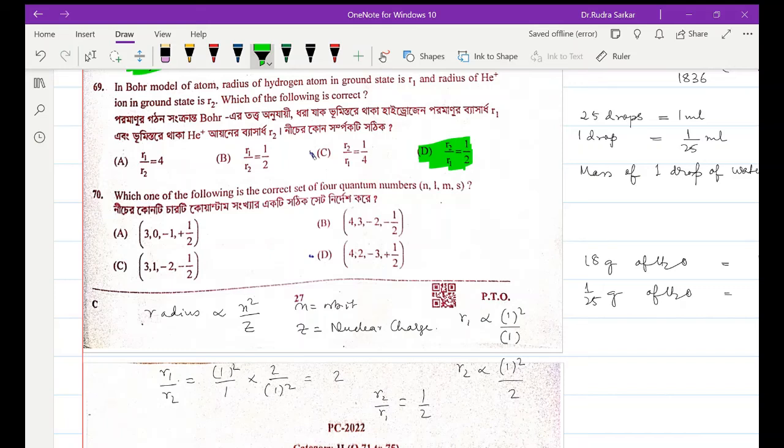Which of the following is the correct set of 4 quantum numbers n, l, m, s? What we know is that for any value of n, l will range from 0 to n minus 1, okay? And for any value of l, ml will range from minus l, 0 to plus l, right?